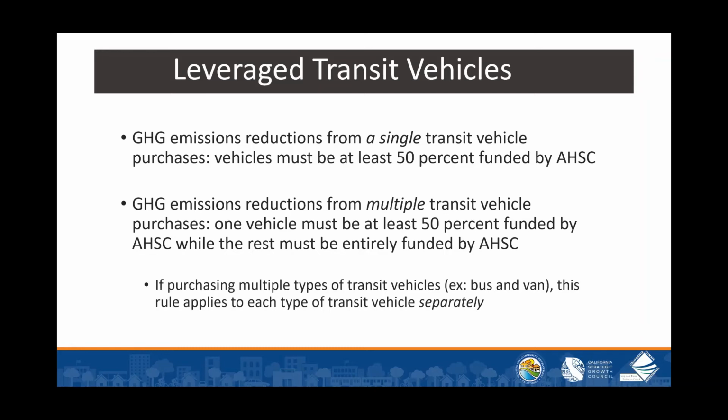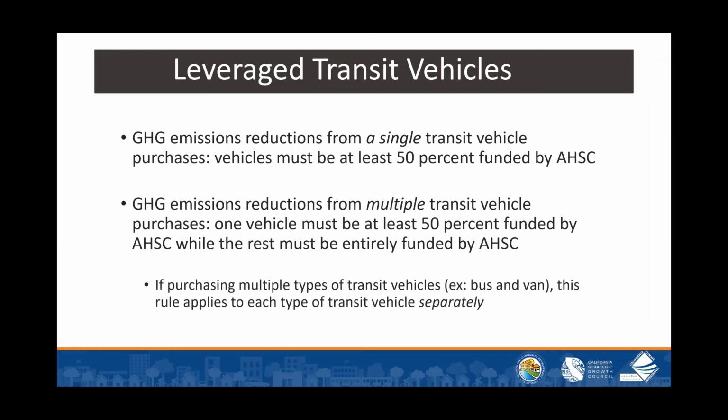If a project is purchasing a single transit vehicle, then at least 50% of those funds for the transit vehicle must be paid for using AHSC. If a project is proposing the purchase of multiple transit vehicles, then all of those transit vehicles, aside from one, must be entirely funded by AHSC.